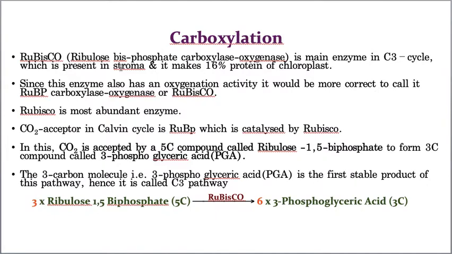Okay. Now, this Rubisco has one important property. What is it? It is the most abundant enzyme. So on planet Earth, the most abundant enzyme is what? In the NEET exam, there is a chance of this question coming. Then your answer must be Rubisco.